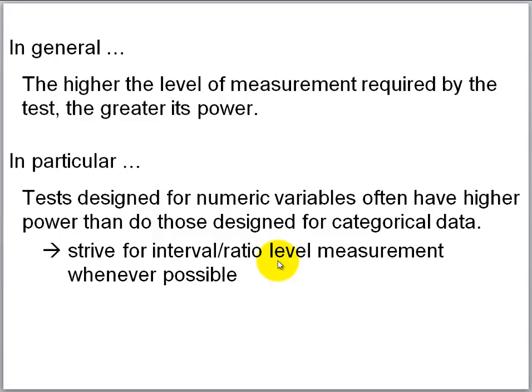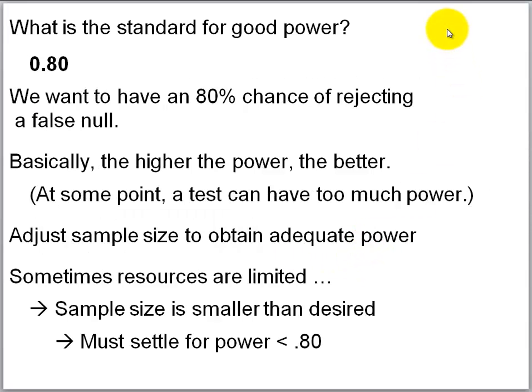Or you could get a rank ordering of height. That would be an example of ordinal level measurement, not actually categorical data. But the best way is to measure at the highest possible level of measurement. I get numeric data, and the tests for numeric data almost always have greater power than do those for categorical data. So we've summarized the different factors that bear on statistical power.